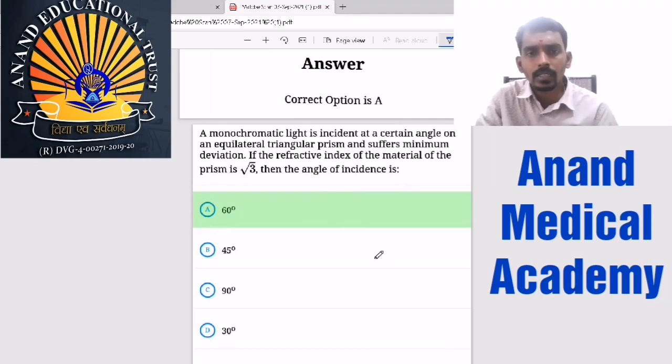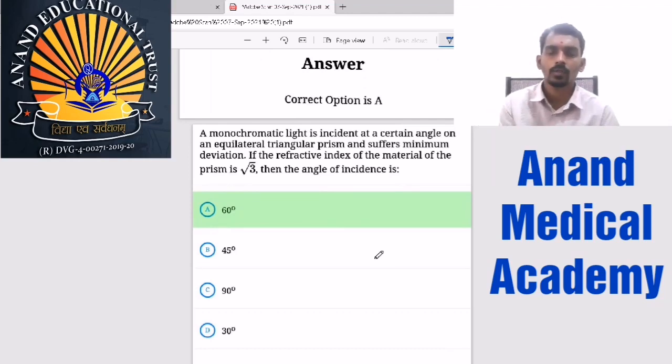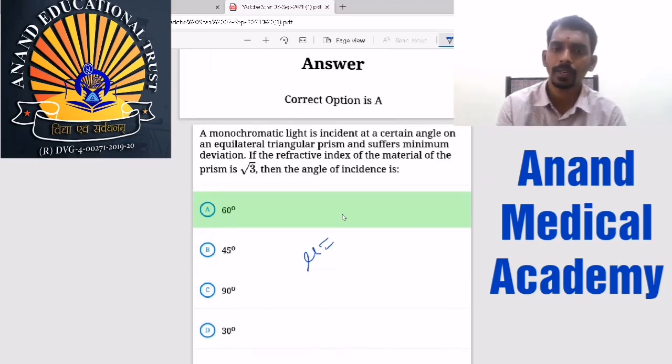Now, a monochromatic light is incident at a certain angle on an equilateral triangular prism. This is one of the very important topics, that is prism. Based on the prism, they can ask what is the refractive index of the material of the prism, or what is the minimum deviation. Different formulas will be there.